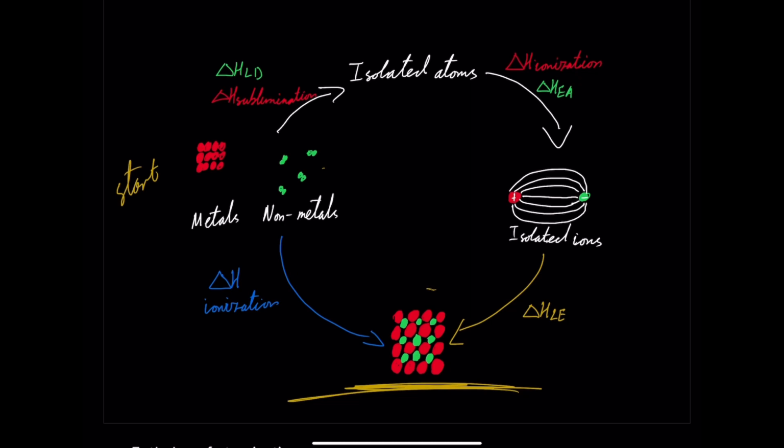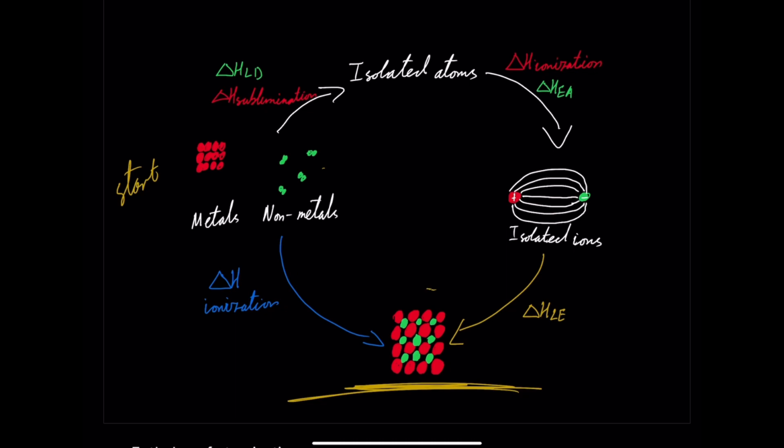First of all, we have to think about how you actually break down a compound. We need to isolate the atoms. If we want to isolate metals, going from a solid into a liquid wouldn't be enough. That's not isolated. We need to form gases. For metals that would be subliming. Sublimation is pretty much going from a solid into a gas.